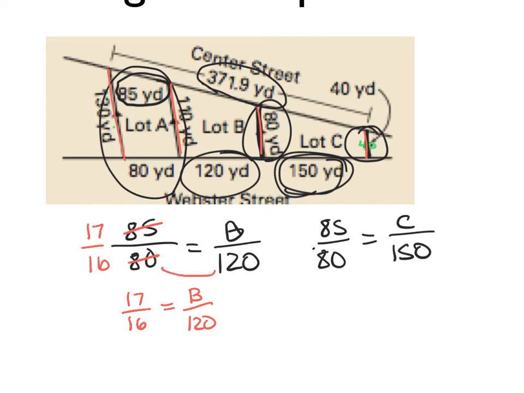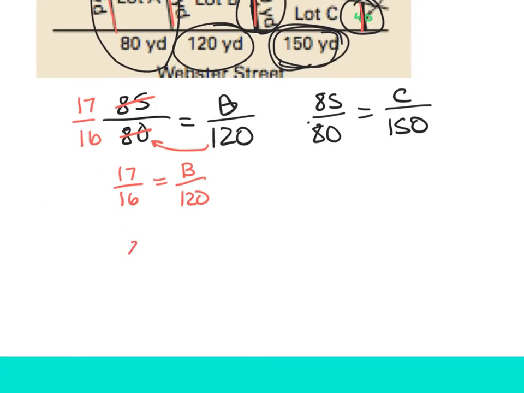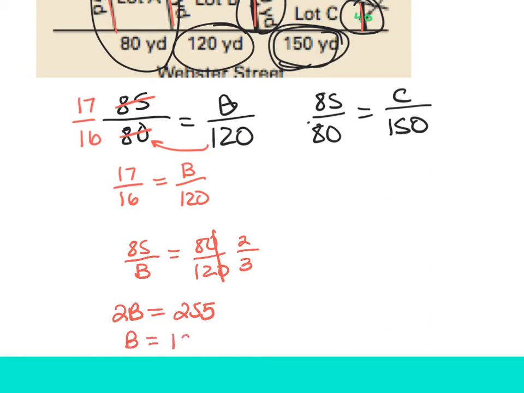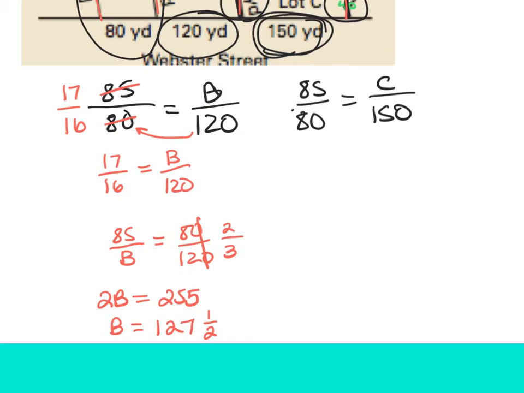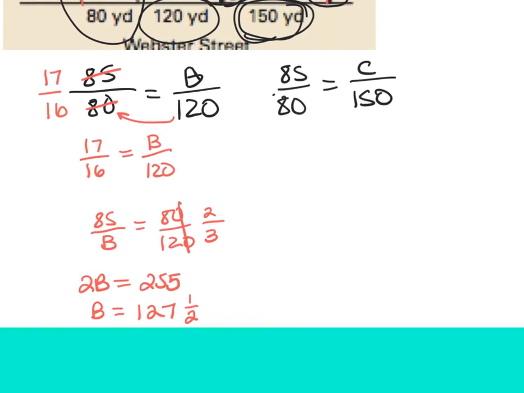You could have also put 120 and 80 together. That might have been easier. 85 over B equals 80 over 120. Those cancel. That's 2/3. So 2B equals 255, and then B would equal 127 and 1/2, or 127.5.